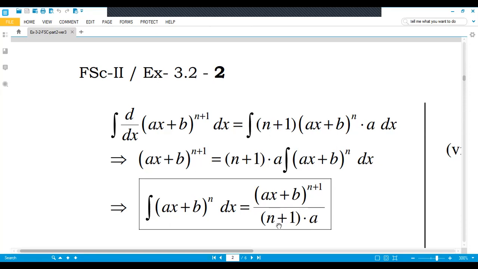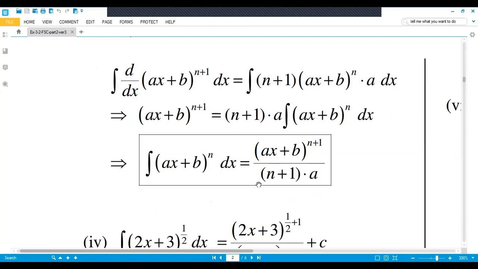So this n plus 1 and n plus 1 cancel. So you will get, it means that in derivation, when you take the derivative having some power, the power will come as a coefficient. From the power you subtract 1, and then you take the further derivative, which multiplies with that value.